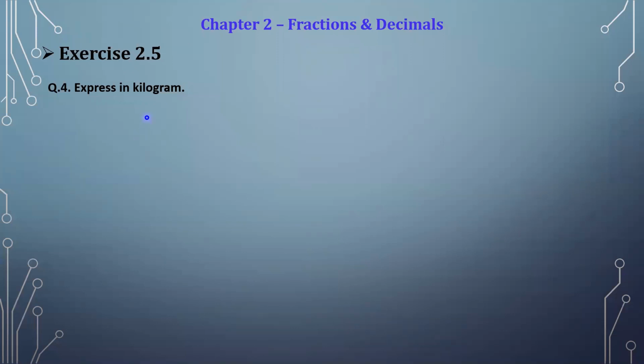Now actually we have solved such a type of example in the previous lecture, which was express in kilometer. So in a similar way, here we are going to consider express in kilogram.